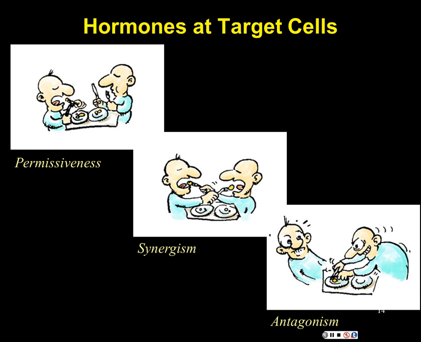An example is, right, from lab today and yesterday. Which hormone are we really studying in lab? A hormone called thyroxine. It has something to do with body heat and metabolism, which leads to a change in body heat, okay? Thyroxine enhances metabolism.